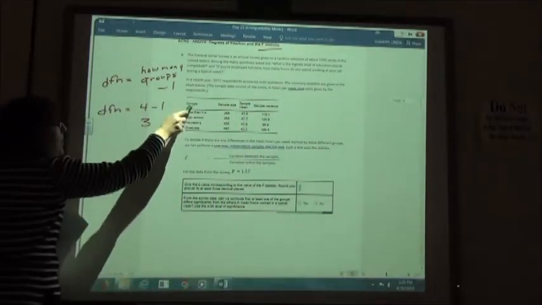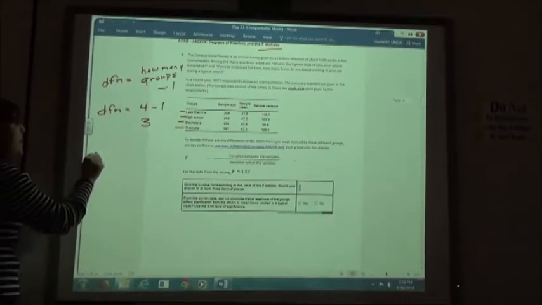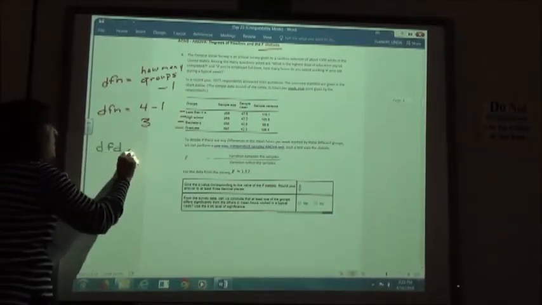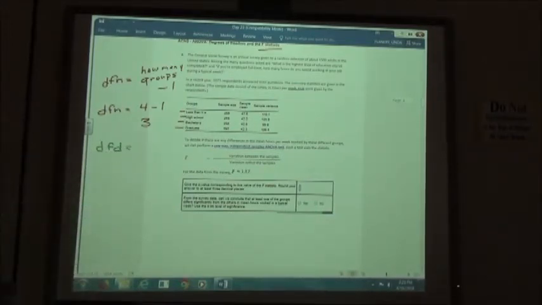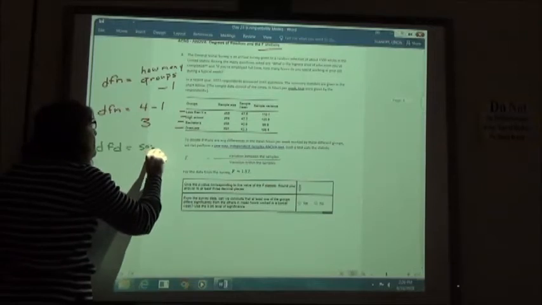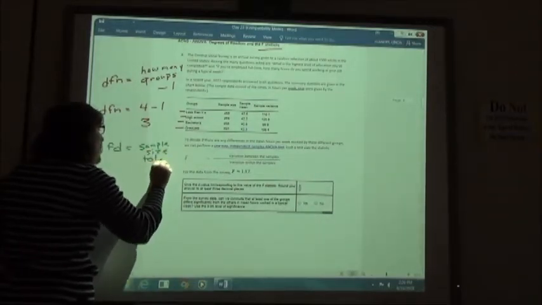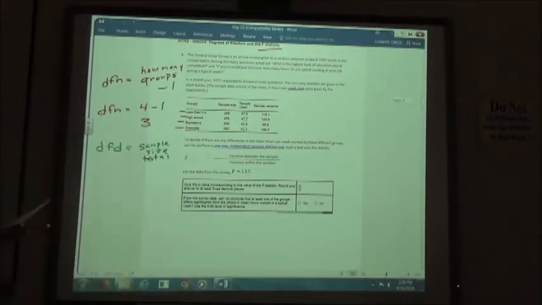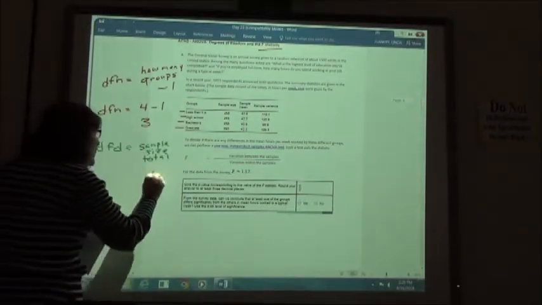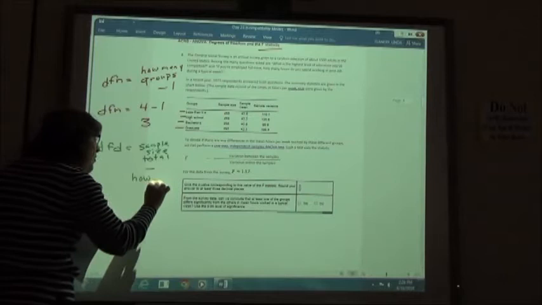How many groups? Here are my groups. I have 4 of them. My DFD number, degree of freedom in the denominator, is going to be the sample size total minus how many groups.